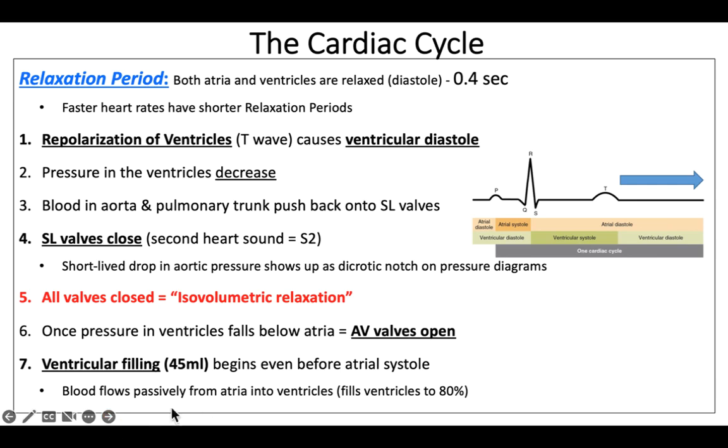So this is, again, what we call passive filling, because none of the chambers are contracting. We're just refilling those ventricles. So that gets us up to that 80% again. Then we do it all over again. Top it off with another 20%, eject, start to refill again. So those are all the little events that occur in one cardiac cycle.